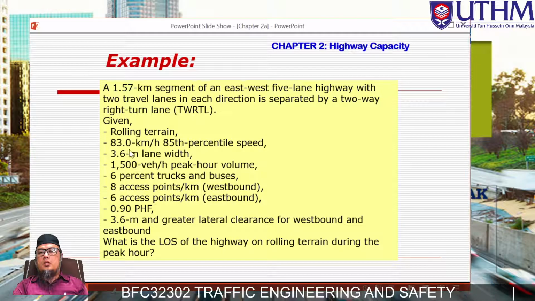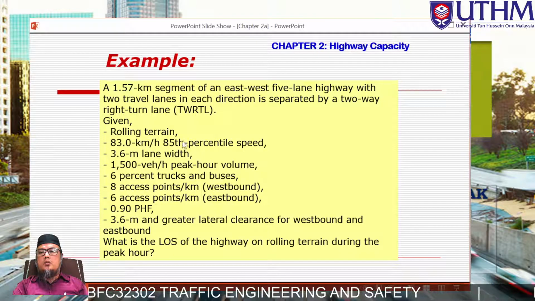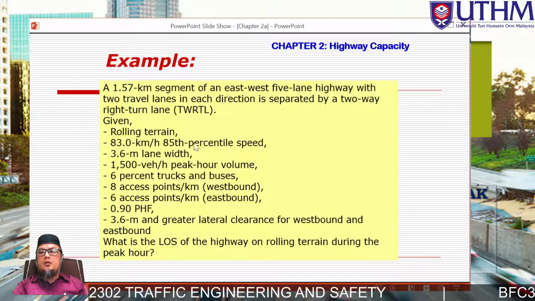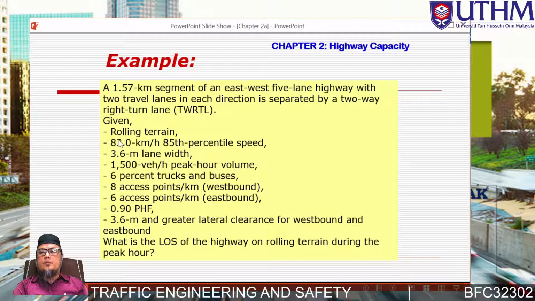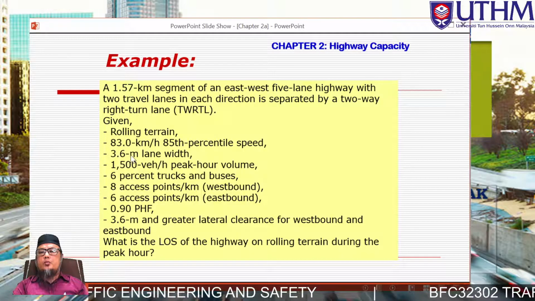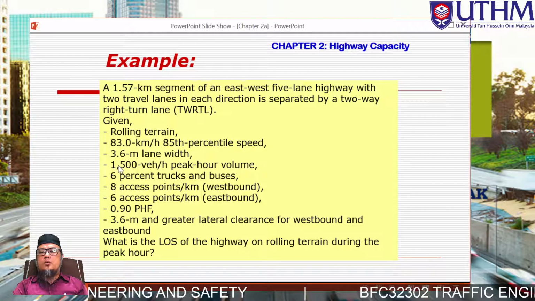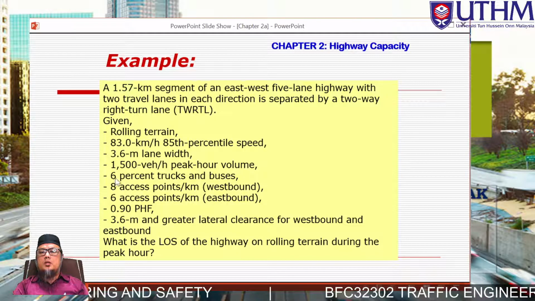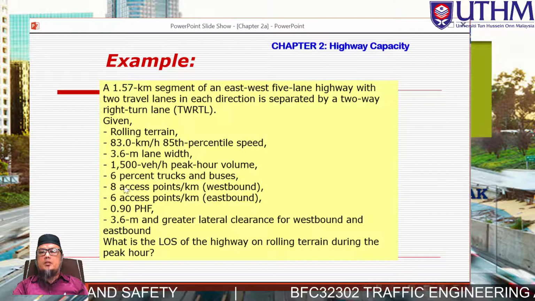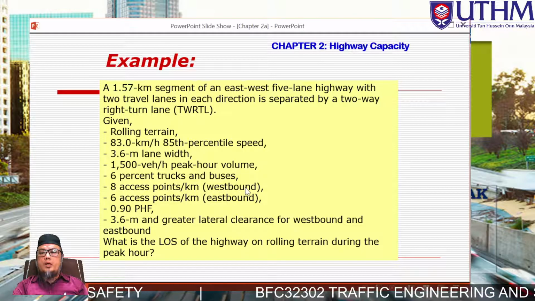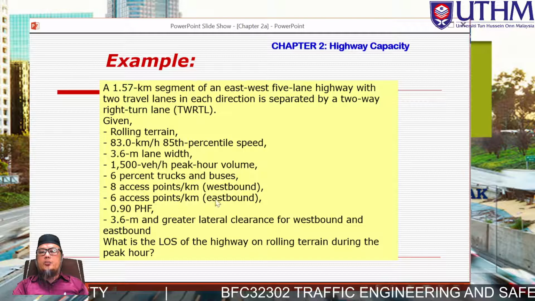rolling terrain. Now we have the 85th percentile speed, please note this one, 85th percentile speed at 83, with 3.6 meter lane width, 1,500 volume, 6% trucks and buses, 8 access points in westbound, and now 8 access points in eastbound.